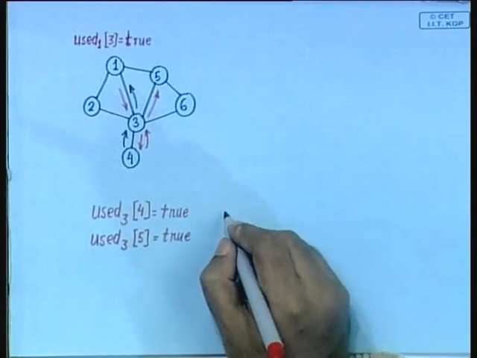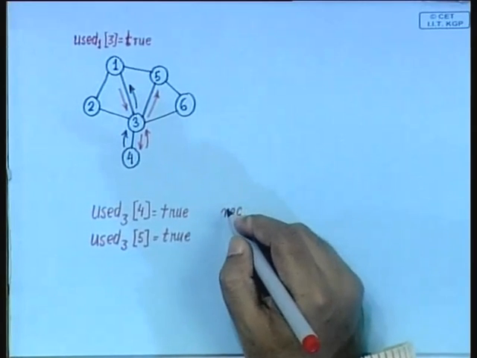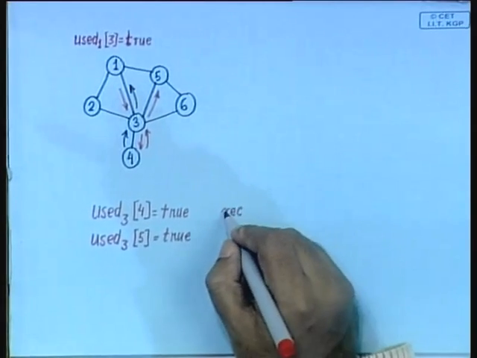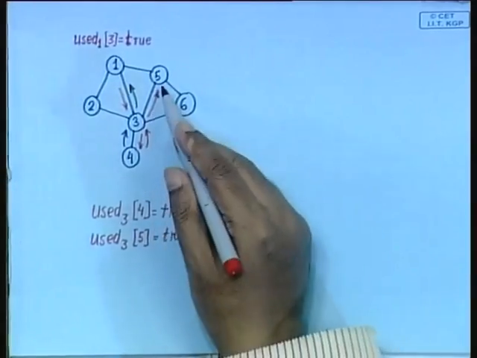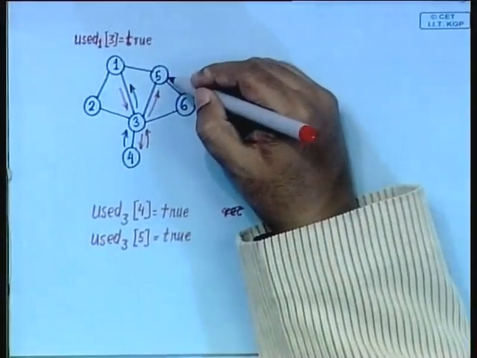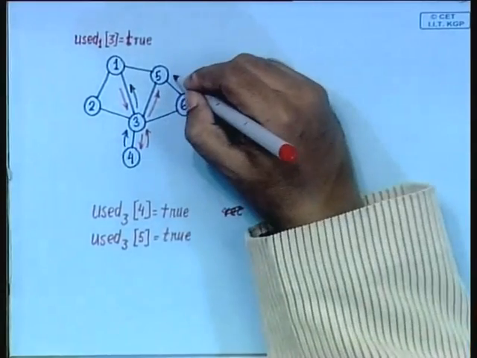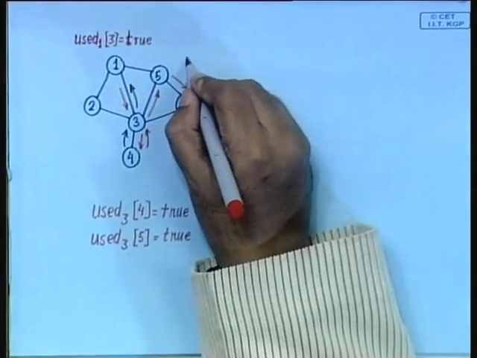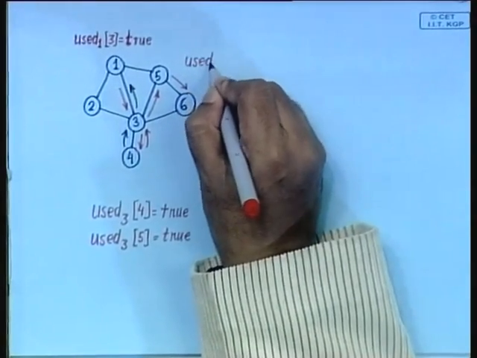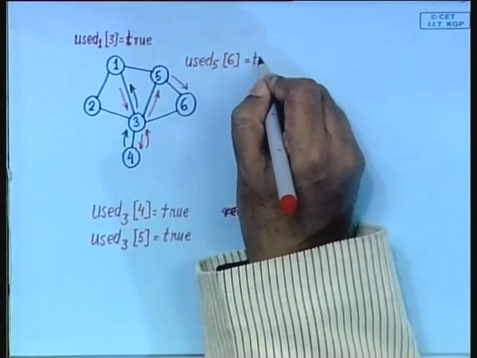And what is the value of REC? It has got token back from okay. So, it has got token, it has sent the token to this. Now, what is 5 going to do? 5 will again choose one of its neighbors and forward the token. So, let us say it sends it to 6, right. So, now used 5 6 is true.